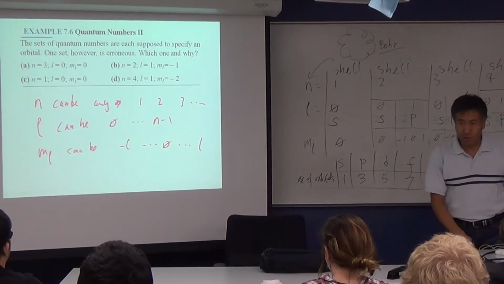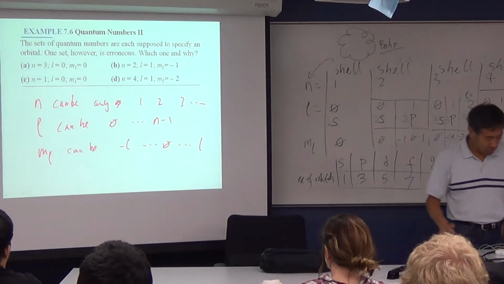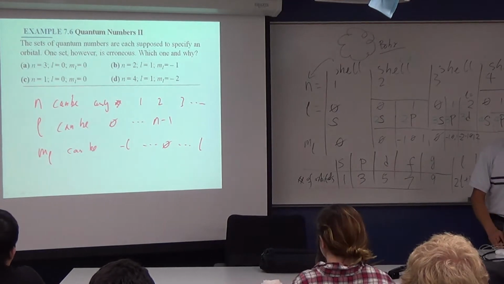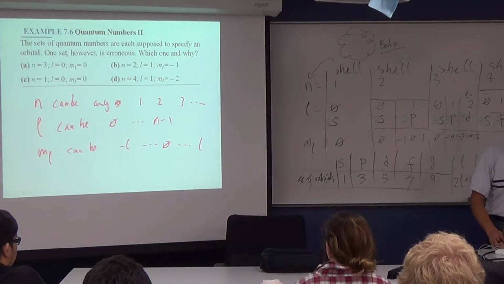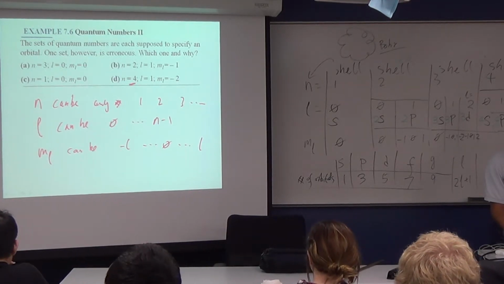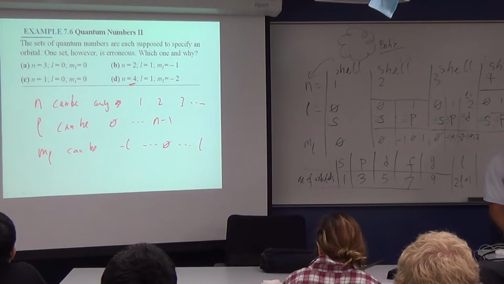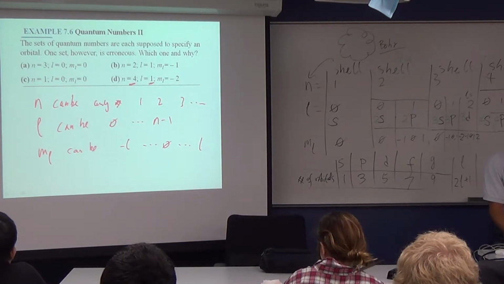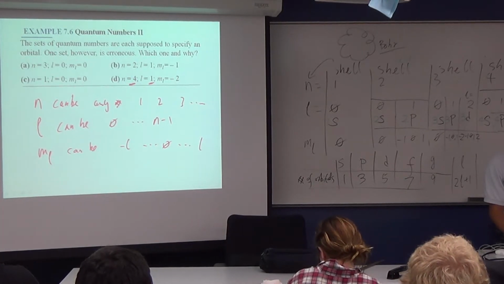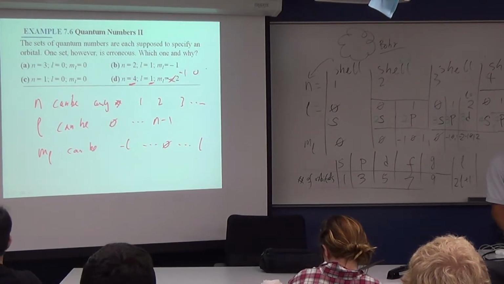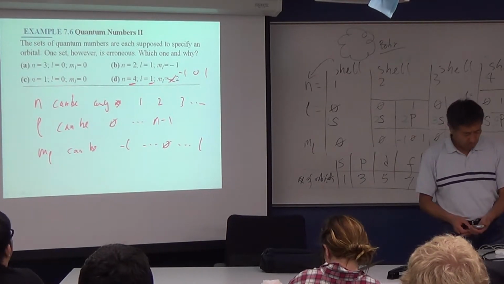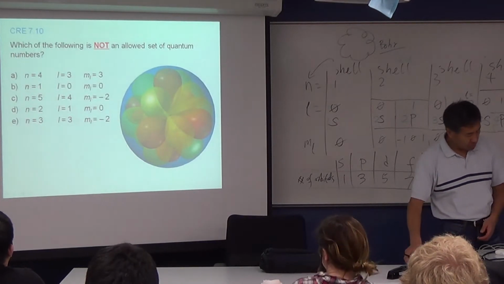Very good. Why is D not good? If you think about this, n is okay. N 4 is okay. And obviously this L is okay. And if L is 1, the only possible numbers for ML are negative 1, 0, and 1. I think you'll be able to find that out.